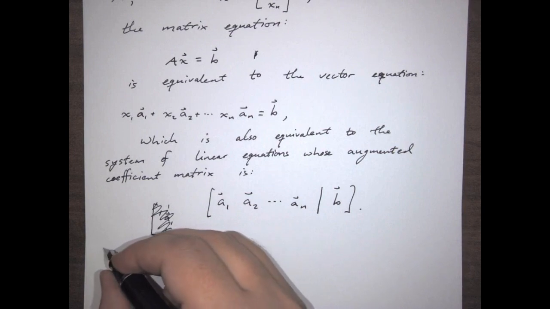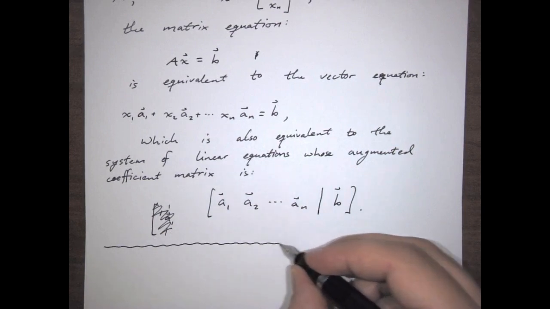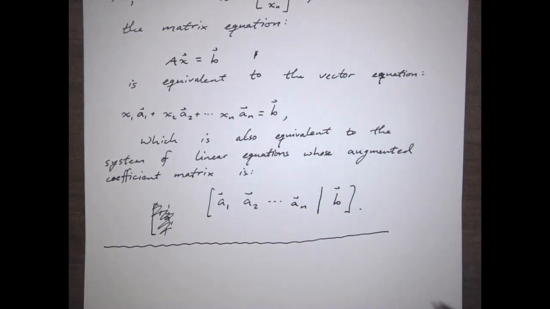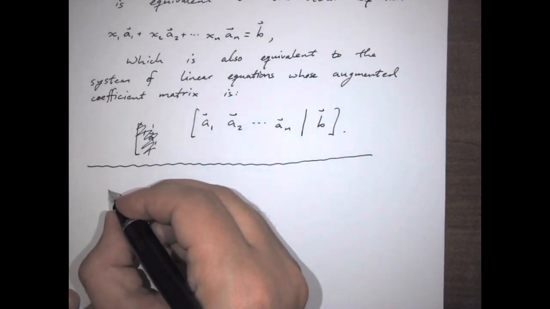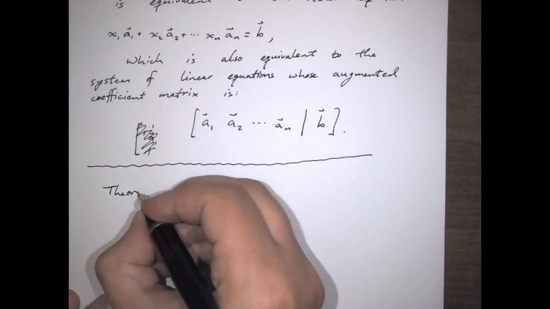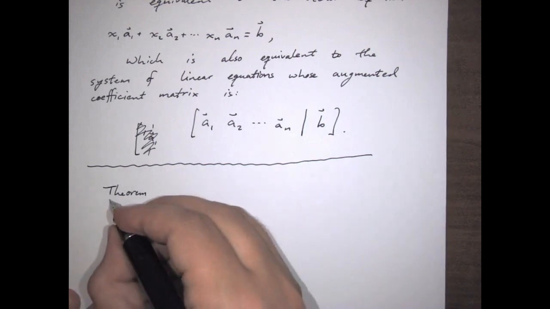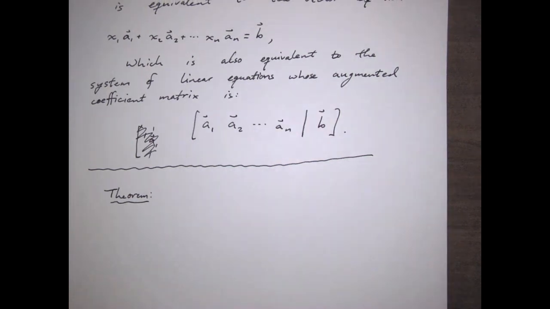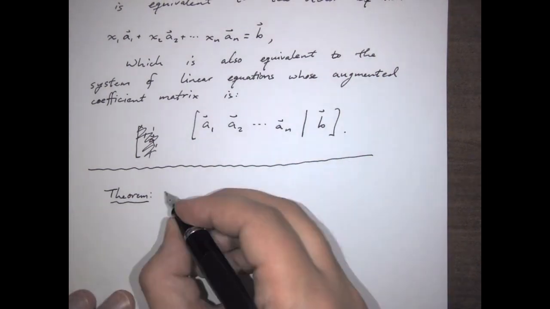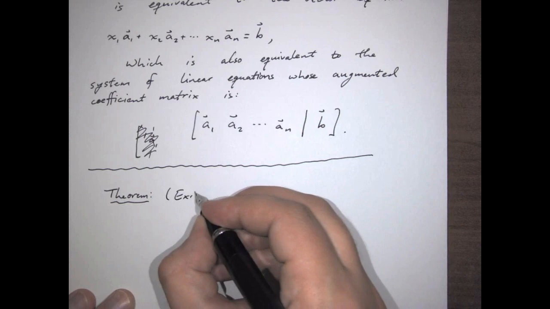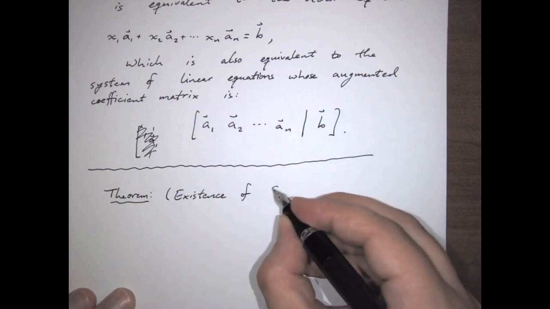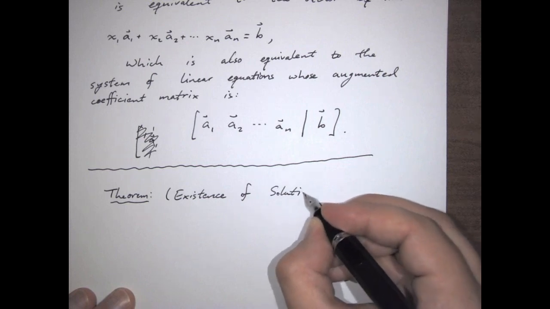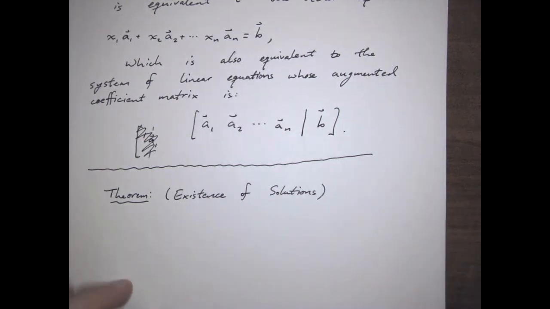Now what we can have is a theorem that relates the existence of solutions in all of these cases. The existence of solutions theorem is this.